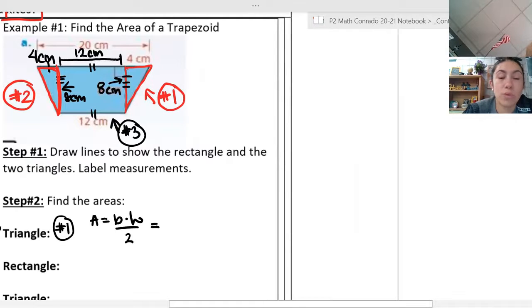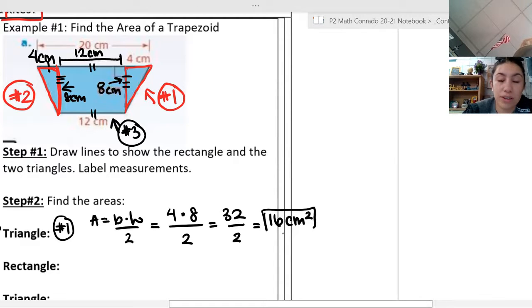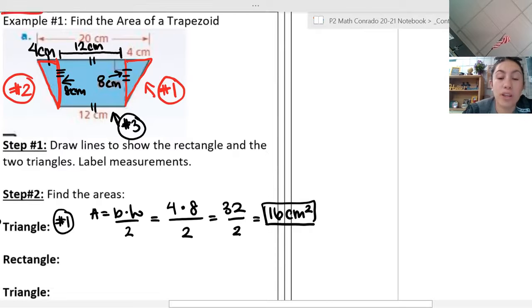Our base for one of the triangles is 4 centimeters times the height, which is 8 centimeters. Let's divide that by 2. 4 times 8 is 32. Divided by 2, that is going to be 16 centimeters squared. That's for just one triangle.